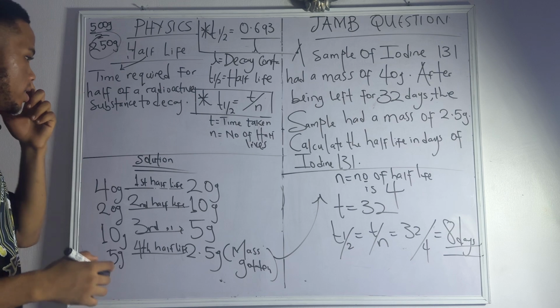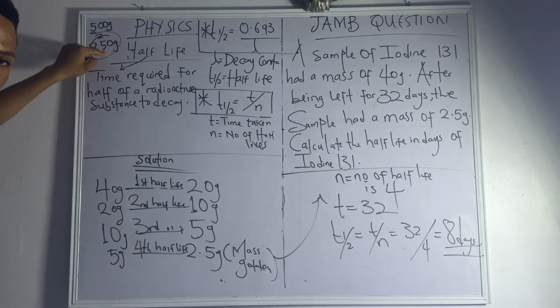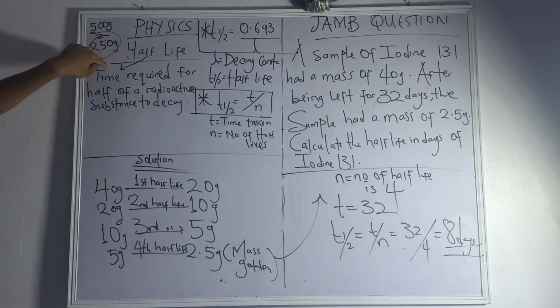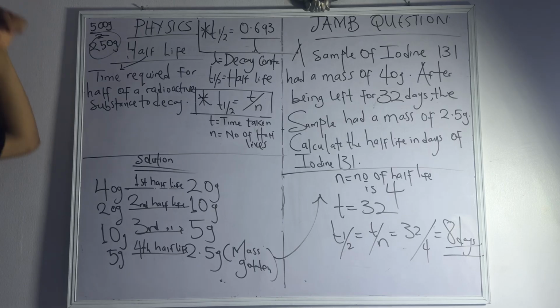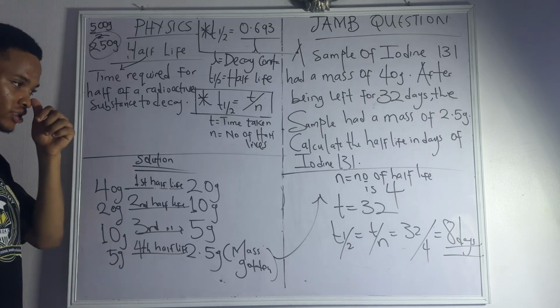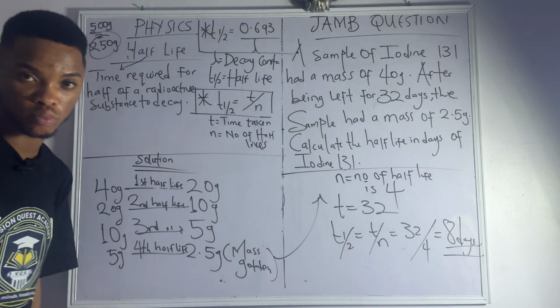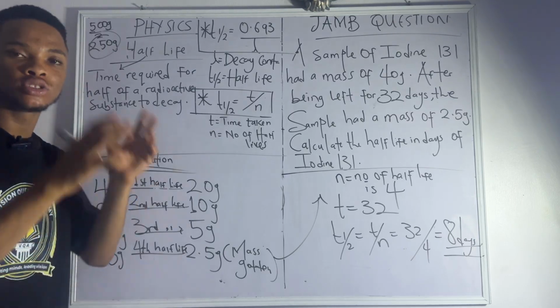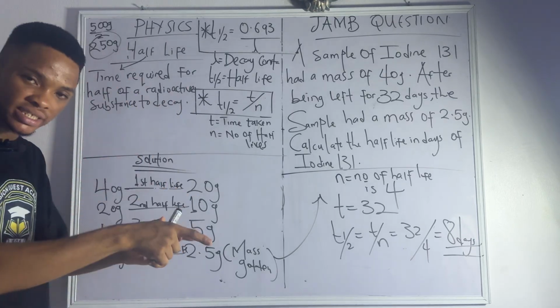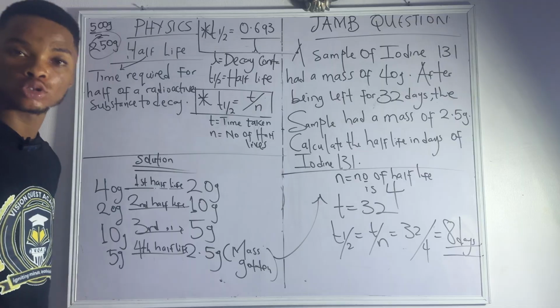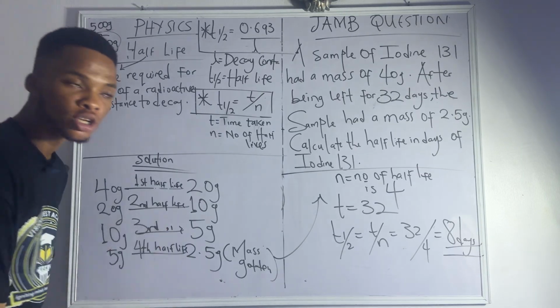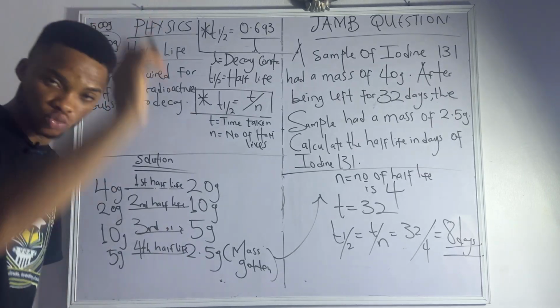Now, please note this substance, you can still go and do half of it again, and half of it again, till eternity. So half-life does not really have a bus stop, except when they tell you to stop at a certain place. You divide it by two, divide it by two, divide it by two.